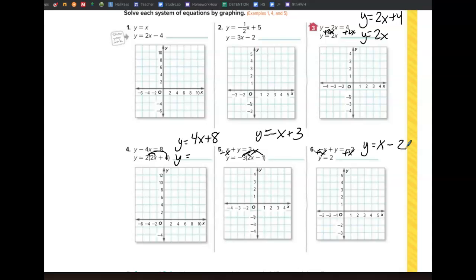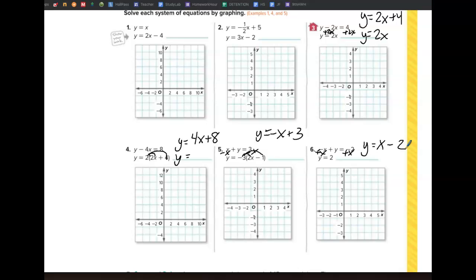Every single one of you are wrong. It's y equals 2. Looking at your equation, which one says y equals? This one or this one? Wait, did I do this wrong in my notes? This one. So y equals 5 in your notes, and what type of line does it make?